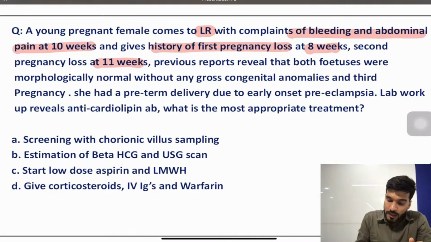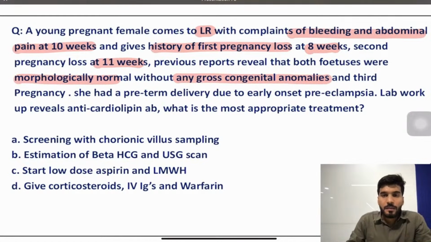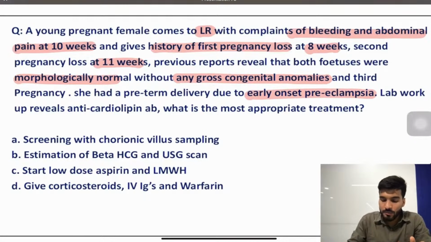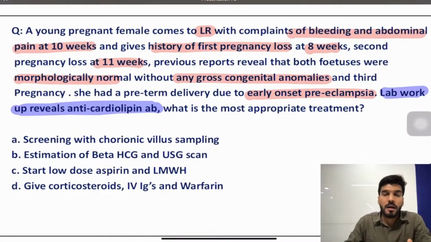Previous report reveals that both fetuses were morphologically normal without any gross congenital anomalies. That means there is no anatomical defect and no chromosomal defect. She had a preterm delivery due to early onset preeclampsia. The lab work reveals, and this is the main important part, an anti-cardiolipin antibody.